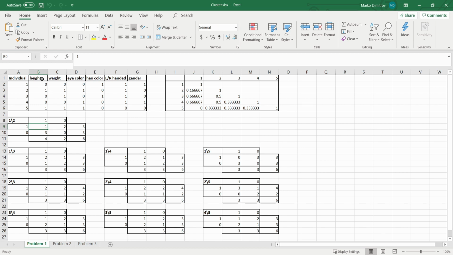So how can we see this? Let's go for individual 1 and individual 2. So for example, here for height, we see that individual 1 has 0. So we would look here. And individual 2 has 1.